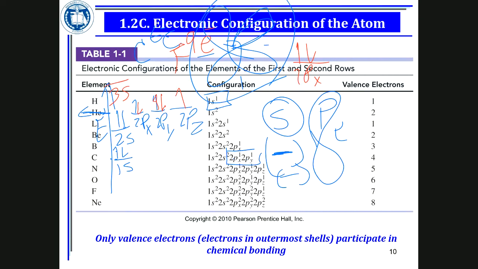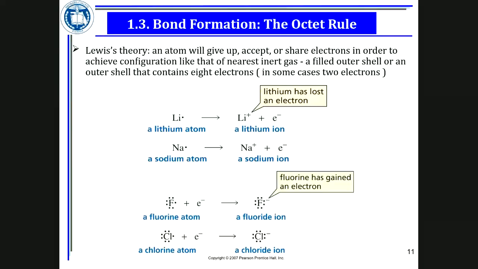Do you have any questions about electron configuration? The good thing about organic chemistry is that you're limited to level 2 elements. So if you know electron configuration up to fluorine, then you're fine. Do you have any questions? No questions? Okay. Now, we talked about the atom and subatomic particles.